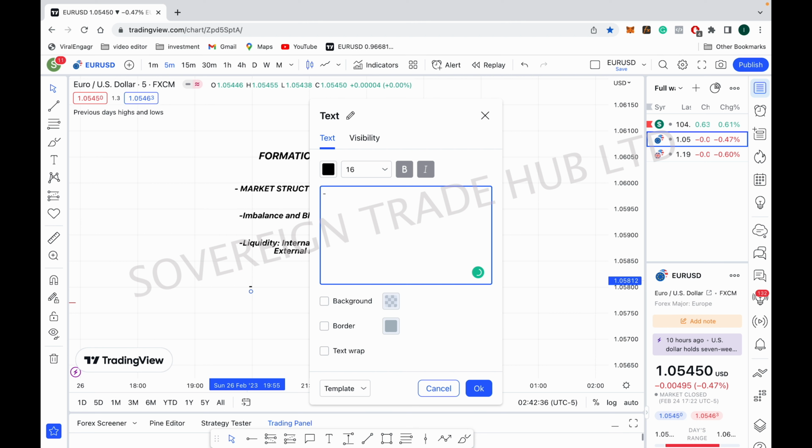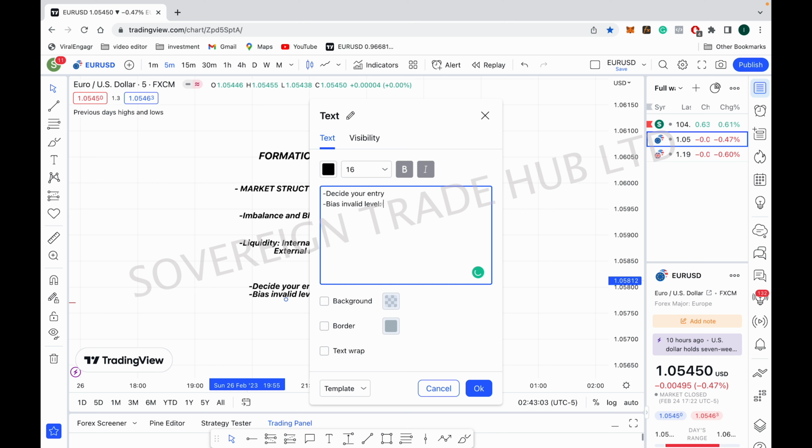Now, when this is done, you have to do three things. You decide your entry. When you've decided your entry, you decide a level where your bias will be considered invalid. I love calling it the bias invalid level.